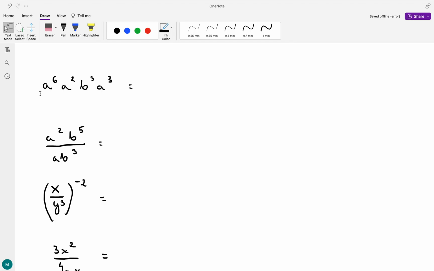So in all of those problems, the objective is to simplify as much as possible by applying all of the exponent rules that we have learned. So in this case, let's see how many bases that are the same we have. 1 a, 2nd a, and 3rd a, and only 1 b. So since all of the bases are the same, that means I can basically add all of the exponents.